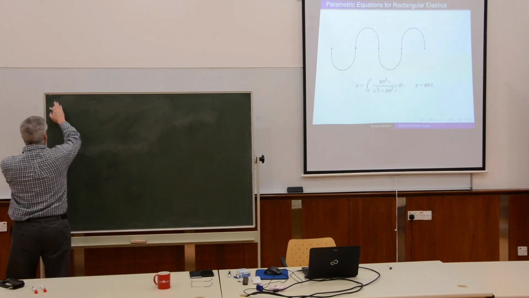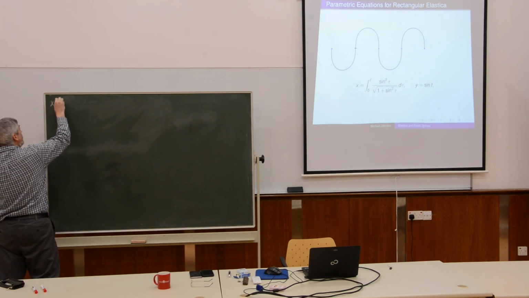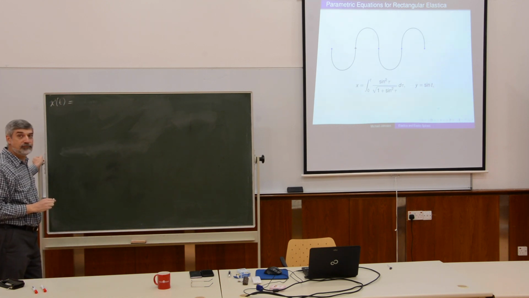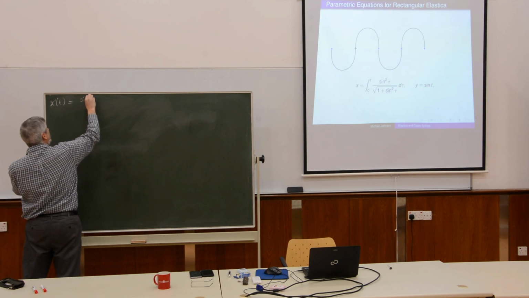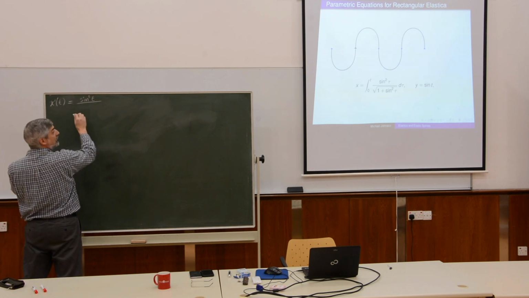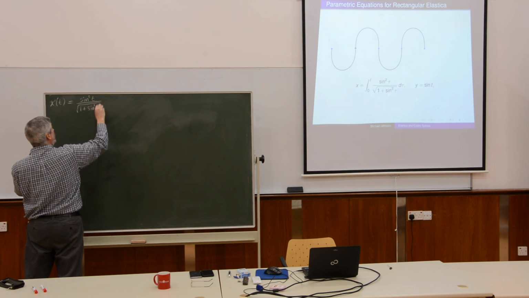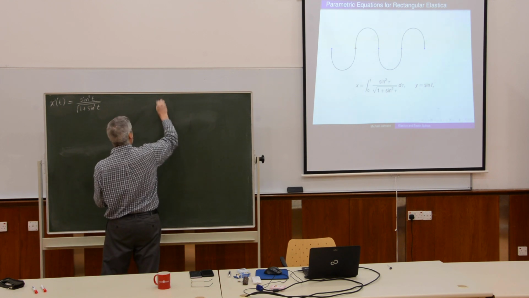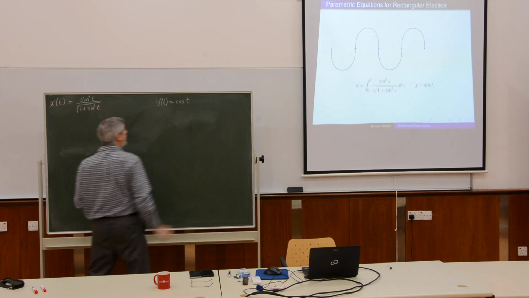Okay, so x equals, as given, what's going to be x prime of t? Sine squared of t, divided by this one. Sine squared t. And y prime, cosine t.